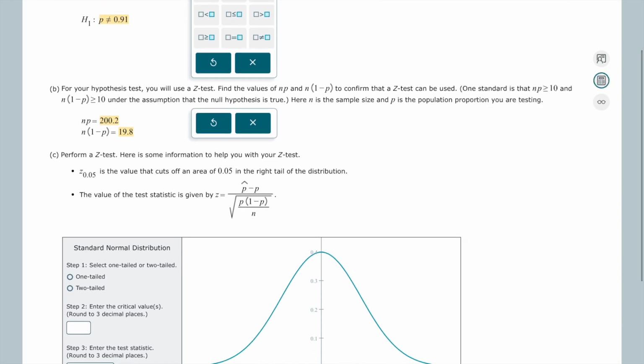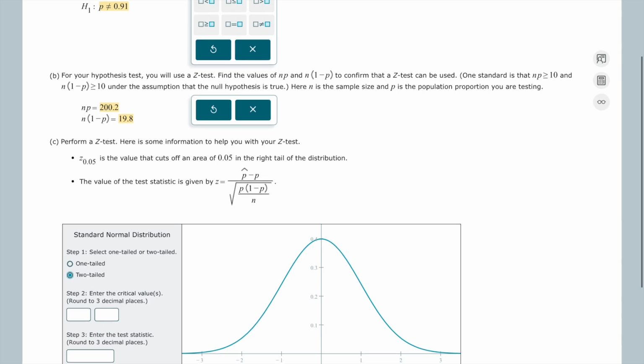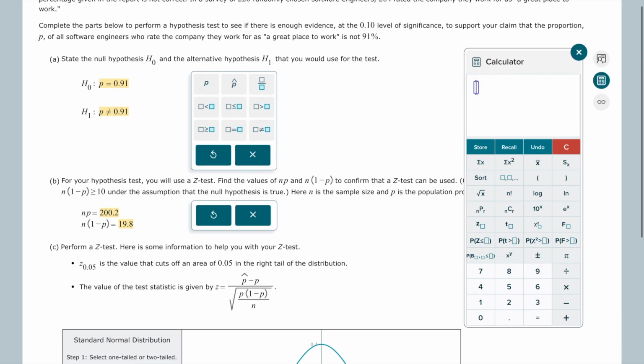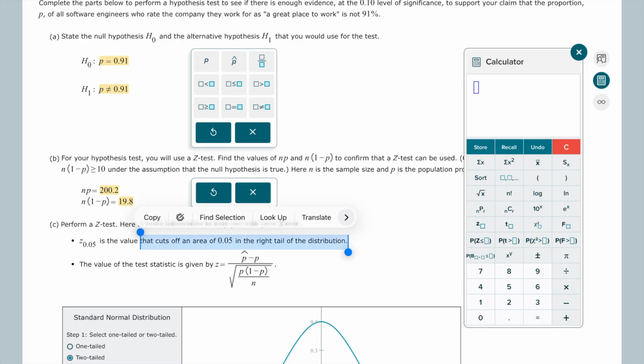Okay. So we said is not, so this is a two-tailed test, and we are going to have two critical values. Our critical value is based on the level of significance, very similar to what we did with the confidence interval. 90% is on the inside, 10% is on the outside, so you've got 5% on the left. This sentence right here tells you what to do, basically.